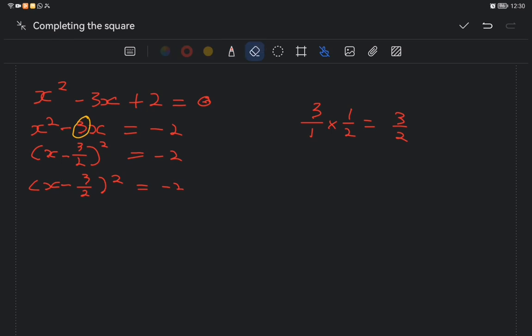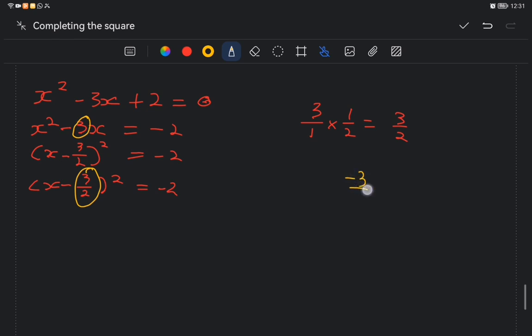But because we've introduced a 3 over 2 here, which there wasn't, we need to account for it on the right hand side as well. So we'll do what? We'll take the square of that negative 3 over 2 and put it on the right hand side.